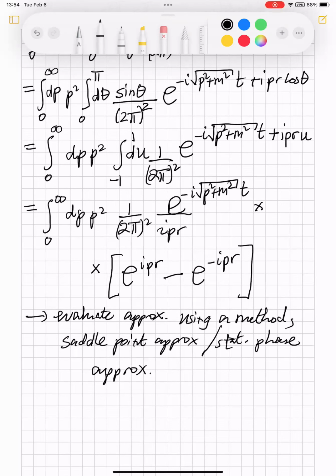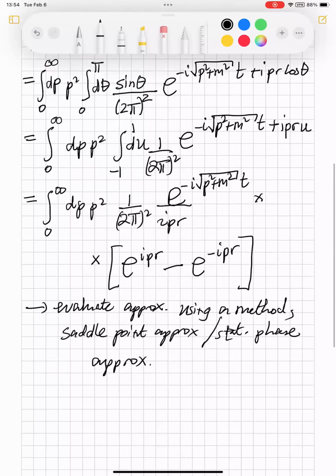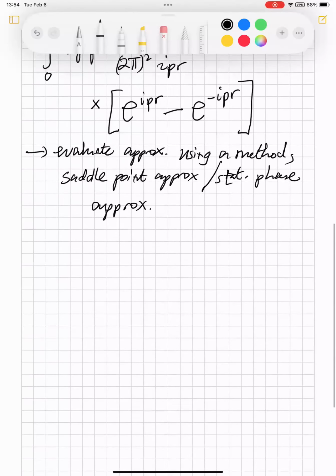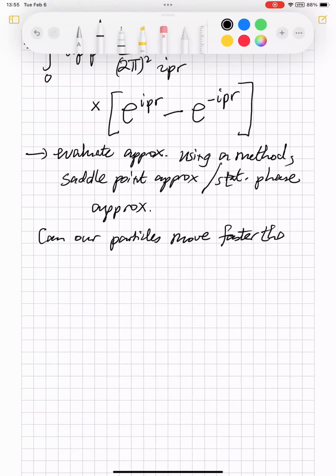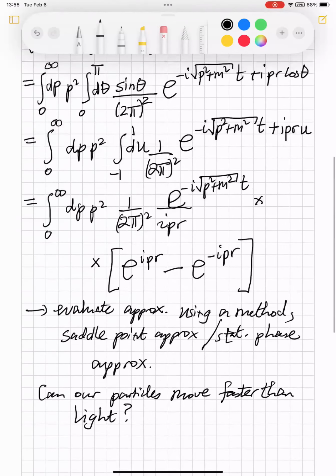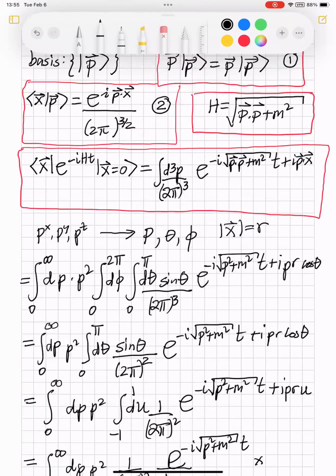Now, let's remember, what are we interested in checking? Well, the question we want to ask is, can our particles move faster than light? Okay? And remember, our particle traveled from x equal to 0 to position x in a time t.